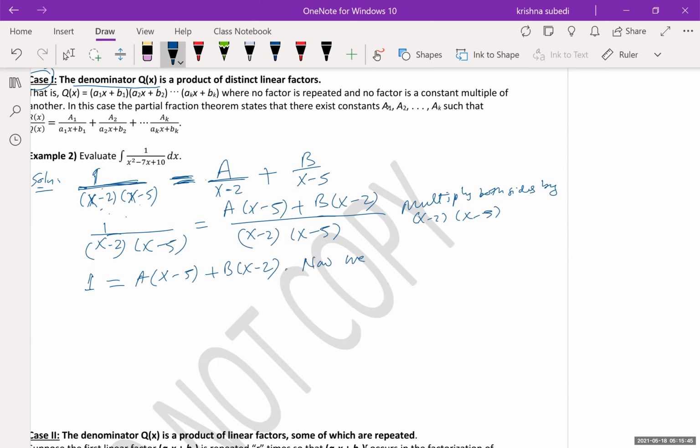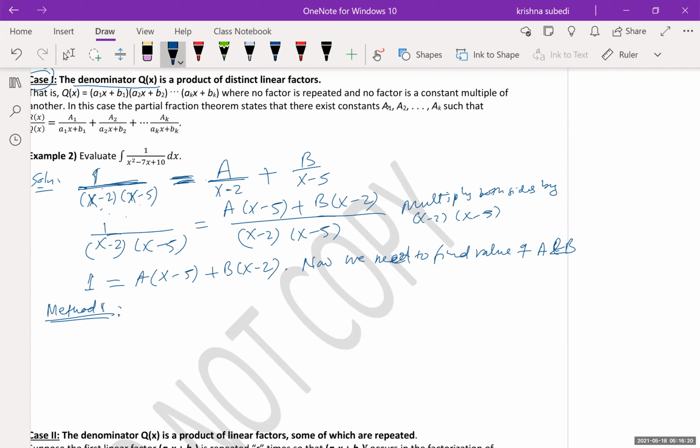Now we need to find the value of a and b. All right, guys, there are a couple of ways to do that. I'll call the first one method 1. In method 1, you choose a value of x such that either a or b will be eliminated.